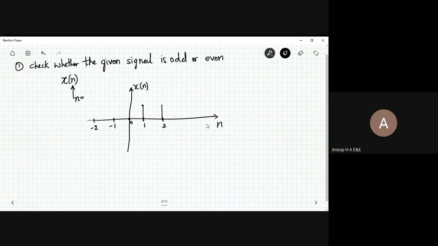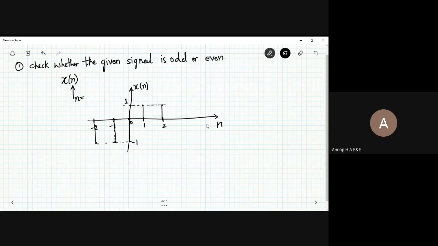This is 1. So I need to write the magnitude as +1 here. Here it is -1. So this is -1 here. Let me show it by dotted line representation. Okay, so this is 1 here.